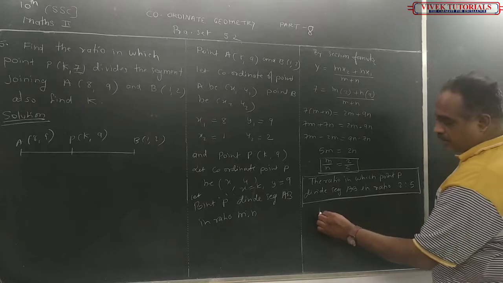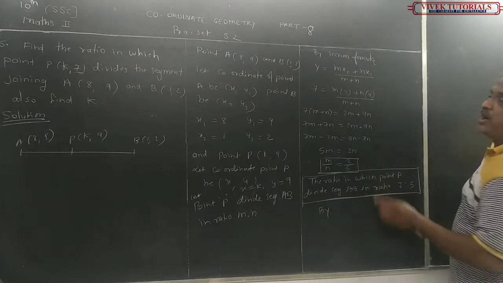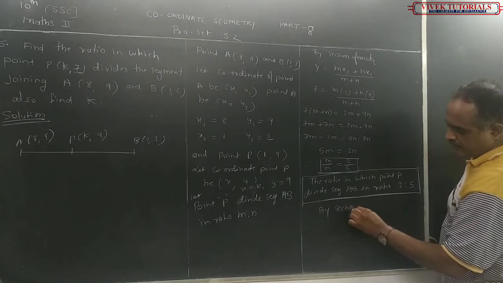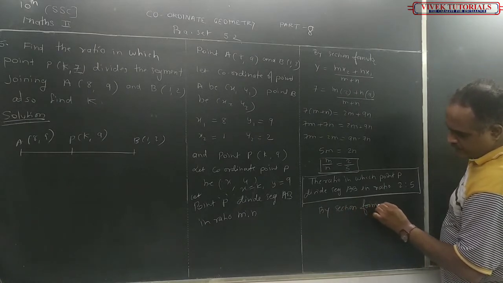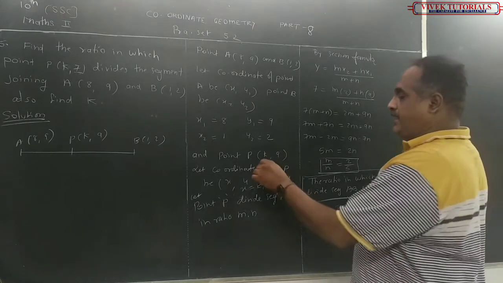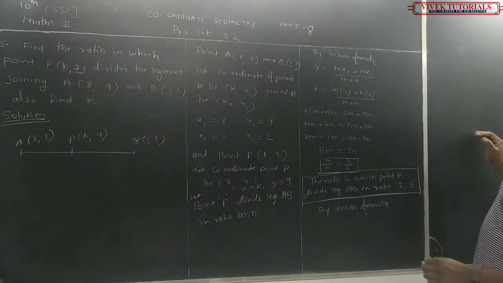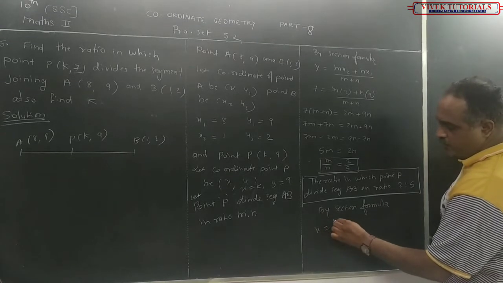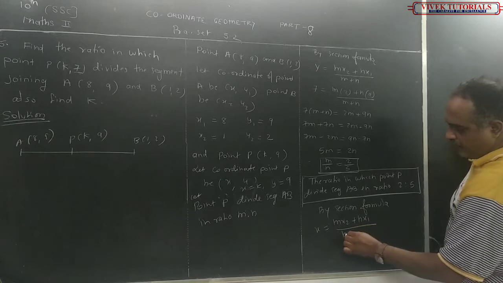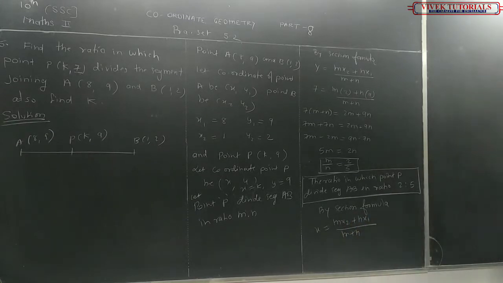Because we have to find the value of k, by the section formula, now we apply the formula for x is equal to (mx2 plus nx1) upon m plus n. The value of x is k.